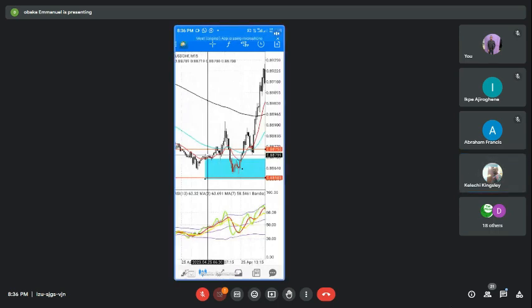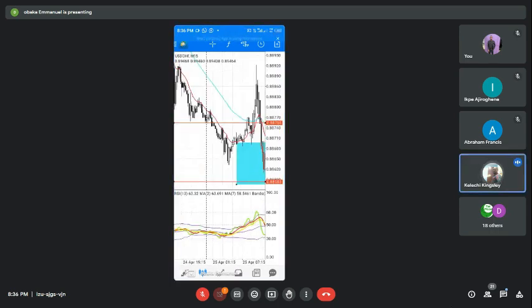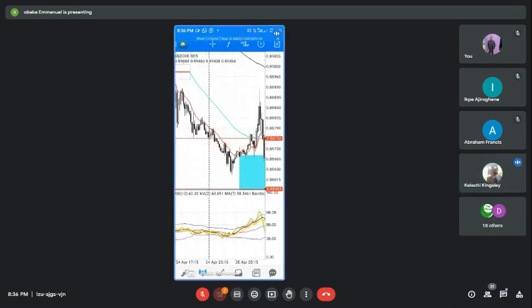When they took yesterday's low here, I was expecting them to come down to this H4. Are you seeing the H4 liquidity? Yeah, it's close. I was expecting them to come down there before they buy.